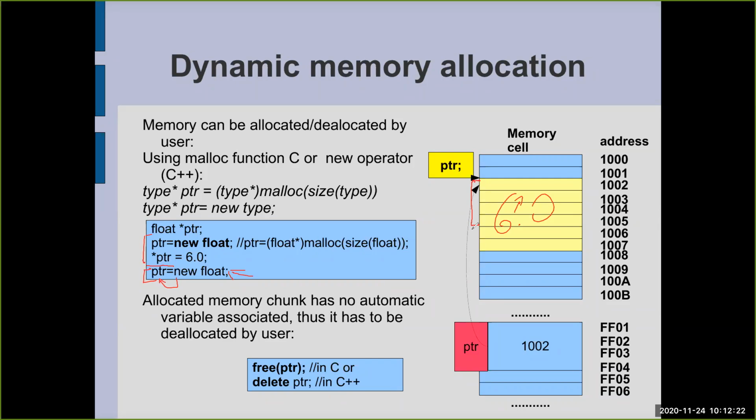So in this case, somewhere in memory, again, 4 bytes will be allocated. And now the value in PTR will point not to 1002, but it will point, for example, to 1008.